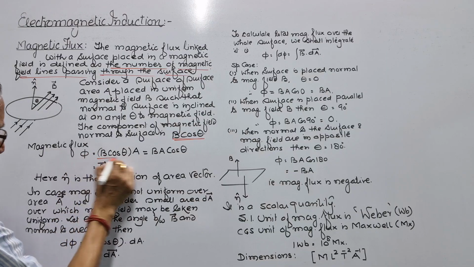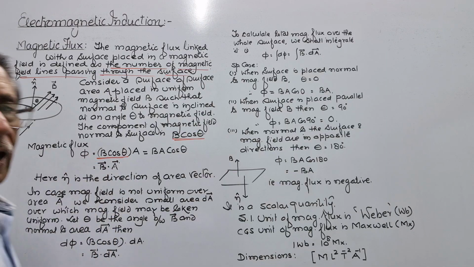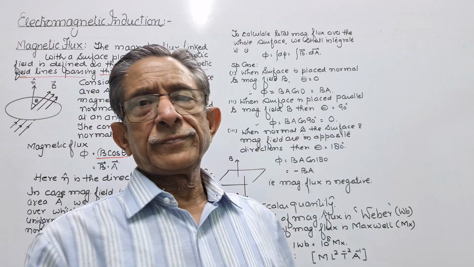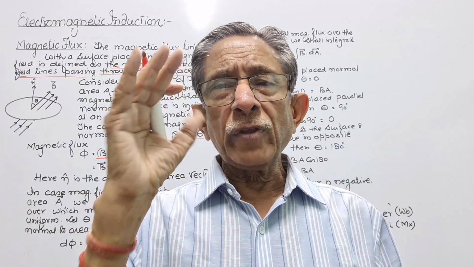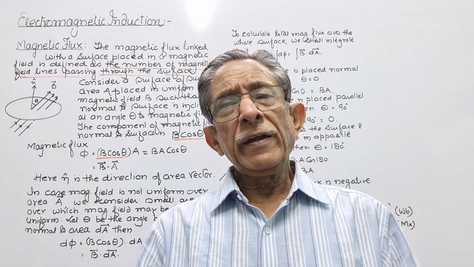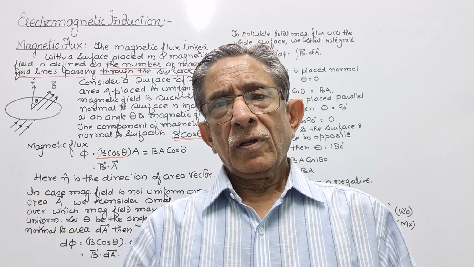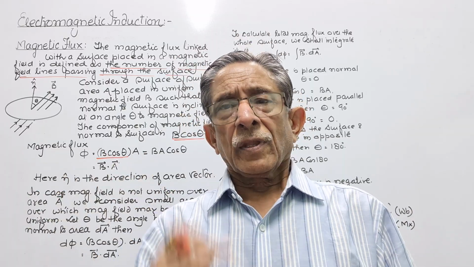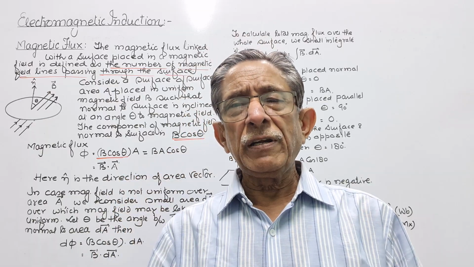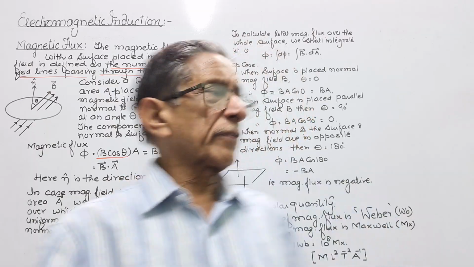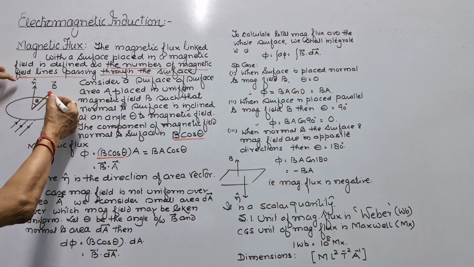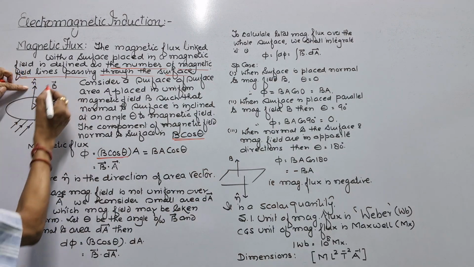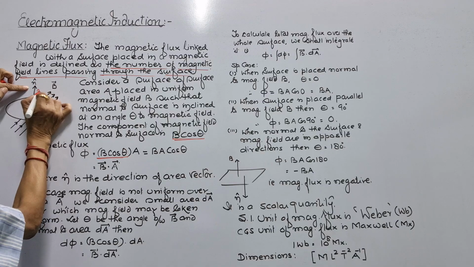So magnetic flux is defined as the product of the magnetic field normal to the surface and the area. B cos theta is the component of magnetic field normal to the surface. In this diagram, you can see the component of B in this direction will be B cos theta.